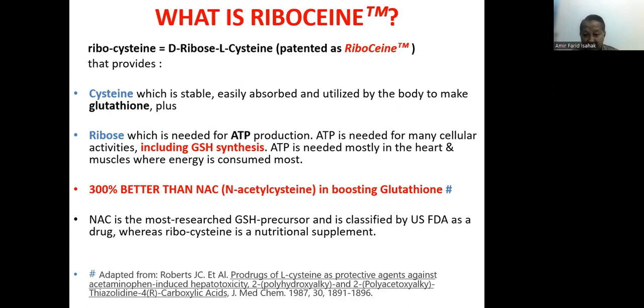And ATP is needed for many cellular activities, including in the synthesis of glutathione. ATP is needed mostly in the heart and muscles where energy is consumed most. So when you take Ribosine, you get both cysteine to boost glutathione, and you get ribose to boost ATP, which is needed in the manufacture of glutathione from cysteine. This probably explains why Ribosine is 300% better than N-acetylcysteine in boosting glutathione.